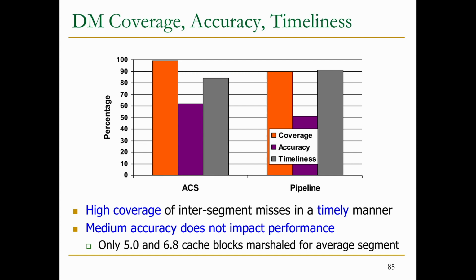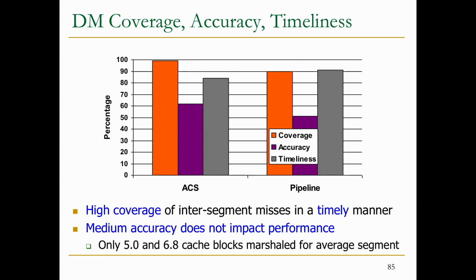Like if your access pattern is A plus 5, A plus 7, A plus 13, it's not perfectly regular. But if whenever you access A, you prefetch 13 things, your coverage is 100%, right? But your accuracy is not very good. Okay.